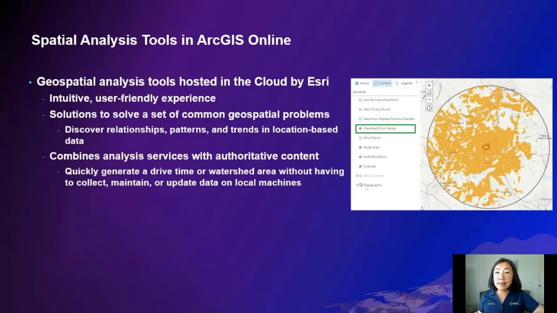We're really excited that the web has brought us new ways to deliver spatial analysis which were not possible before. One of these new patterns we see is to combine analytical services with curated, authoritative content. For example, using this pattern, you can now quickly generate a viewshed or watershed without having to collect, maintain, or update terabytes of data on your local machine.